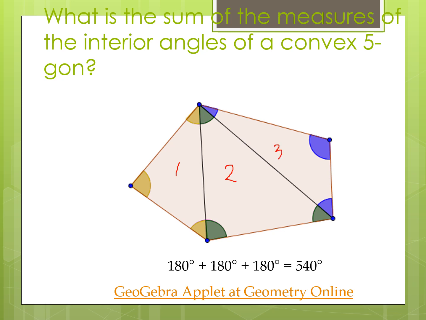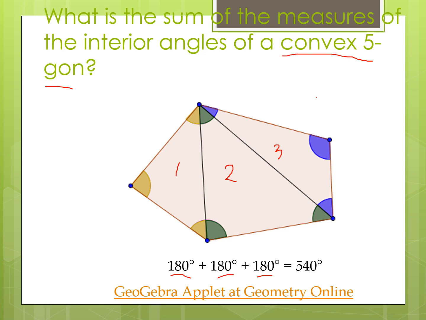So we now have three 180s: 180 plus 180 plus 180, and that is 540. Therefore the sum of the measures of the interior angles in a convex five-sided polygon is 540.